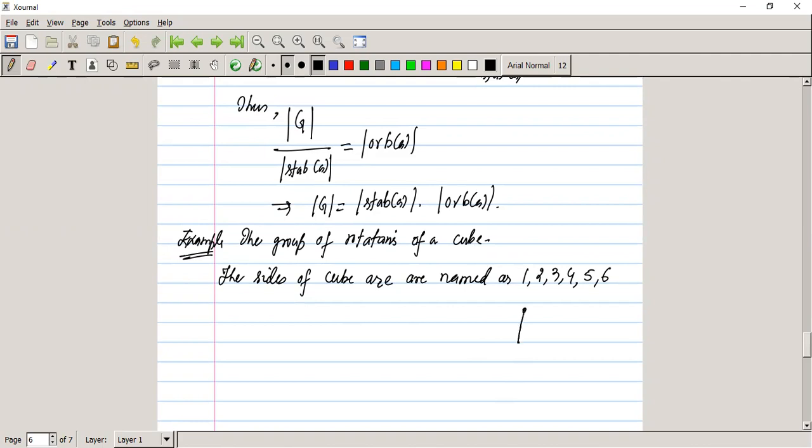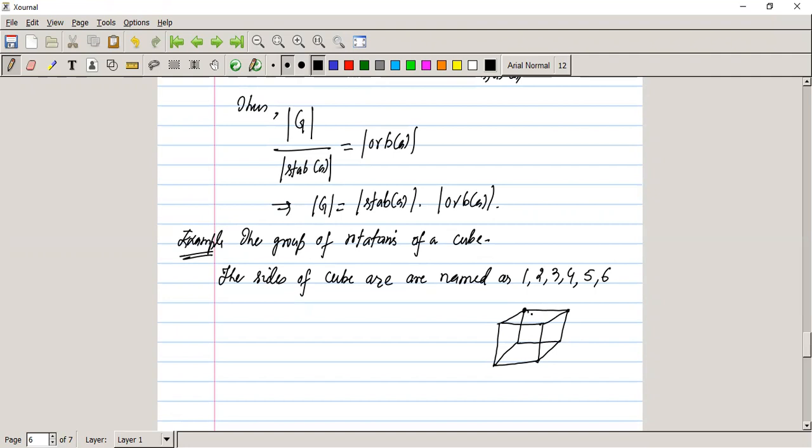So let's try to construct a cube here. Okay, so let's have this as our cube.